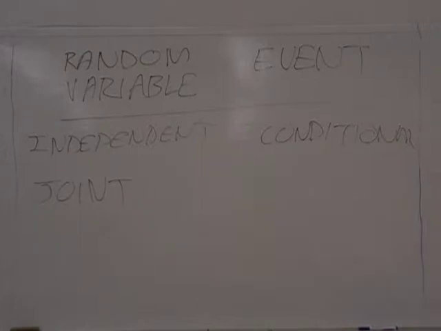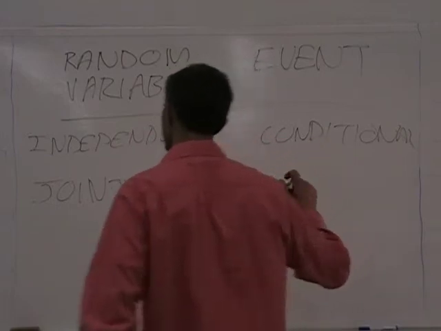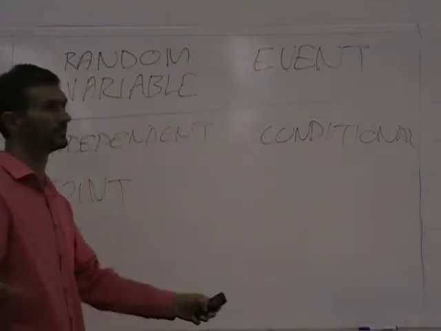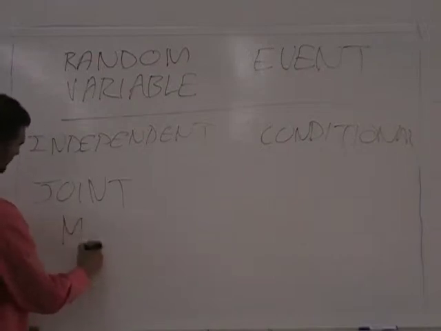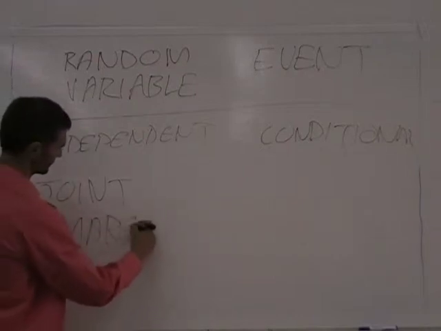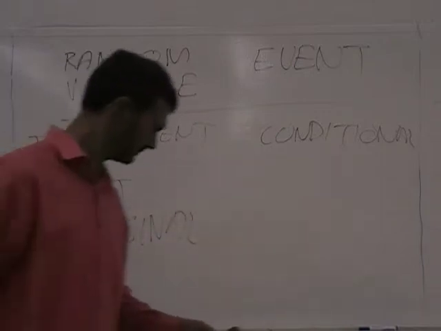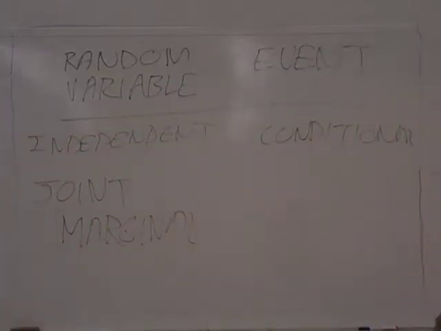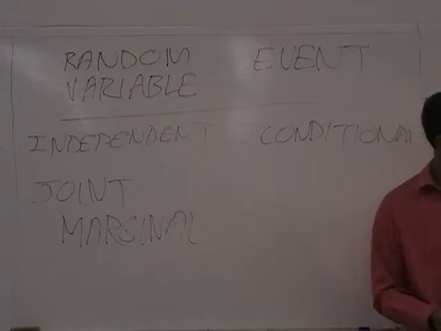Joint probability distribution is, it's something we need to know, and marginal probability distribution.